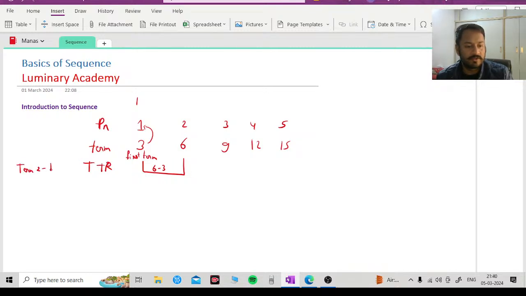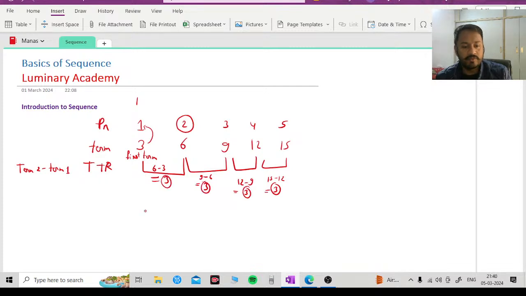So 6 minus 3 is equal to 3. 9 minus 6 is equal to 3. The first term is subtracted from the second term, the second term is subtracted from the third term. That is how we find the term to term rule. So 12 minus 9 is 3, and 15 minus 12 is equal to 3. Done.